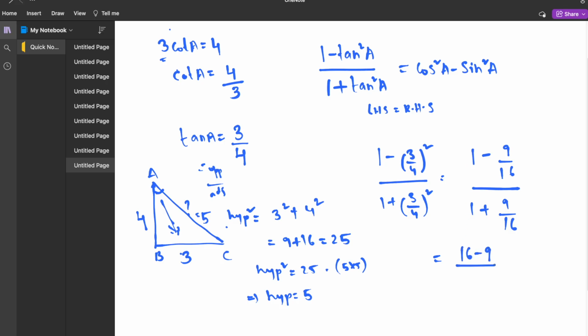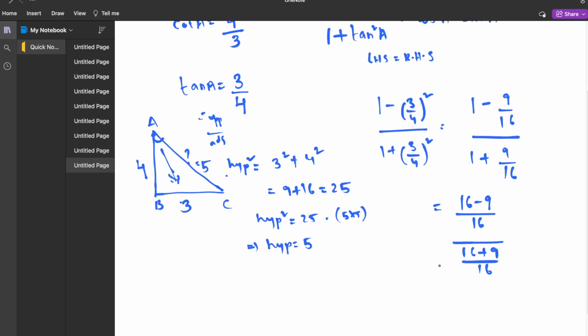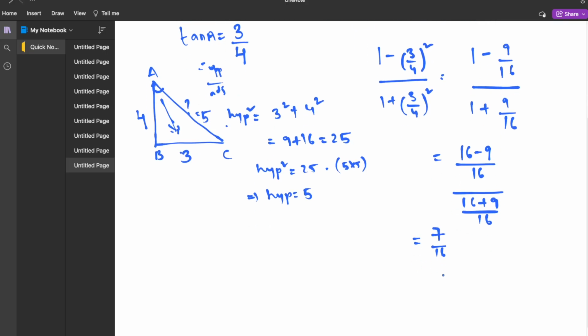If we take LCM and do this, 16 plus 9 by total 16. Okay, 16 minus 9 is 7, so 7 by 16 divided by 16 plus 9, which is 25 by 16. So this 16 and this 16 will get cancelled and it will become 7 by 25. This is our LHS.